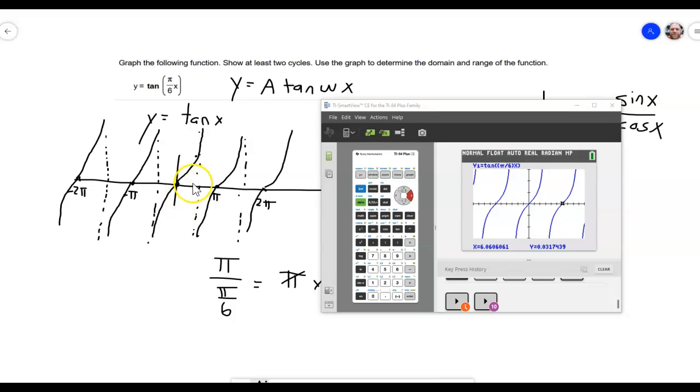I was actually looking at the vertical asymptotes, and here I was looking at the intercepts. So here the intercepts go from 0 to pi, which is a distance of pi, and here they go from 0 to 6, which is a distance of 6. Here they don't show the asymptotes. So this is correct.